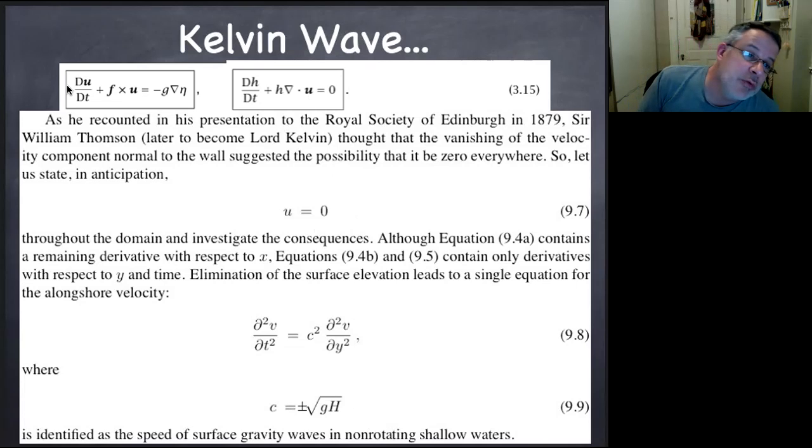If you go through the process of taking these two equations, set u equal to 0 everywhere, linearize the d/dt's into a partial derivative with respect to time, and then find an equation for v, the other velocity, you find this kind of an equation. Hey, it looks like a wave equation, second derivative in time, second derivative in y, some kind of speed. That speed turns out to be the same as the gravity wave speed. Cool.